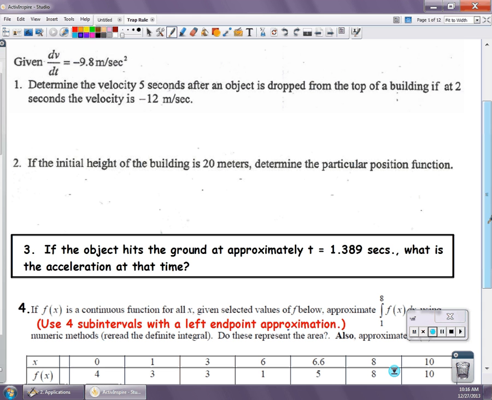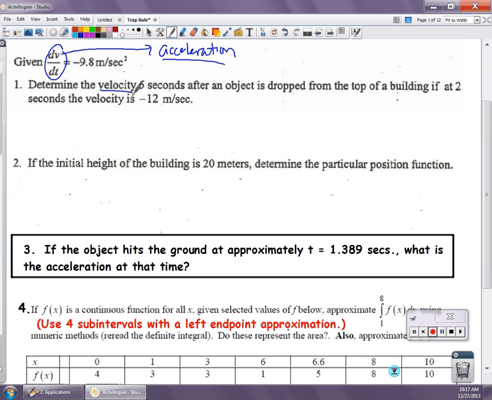Problem number 1, you've been given dv/dt, so you know from prior discussions that I'm giving you the acceleration of a particle to be negative 9.8 meters per second squared. Your job is to determine the velocity 5 seconds after an object is dropped from the top of a building.